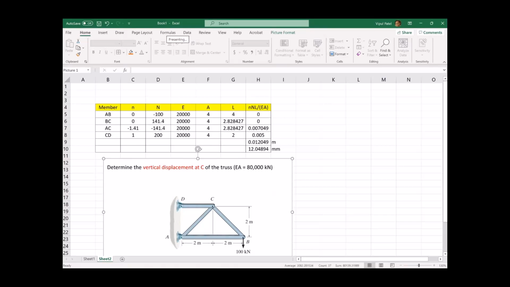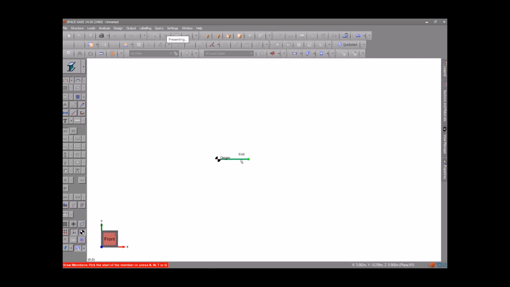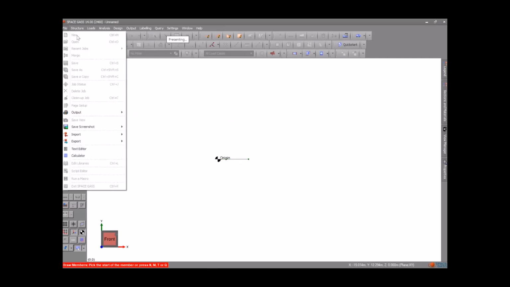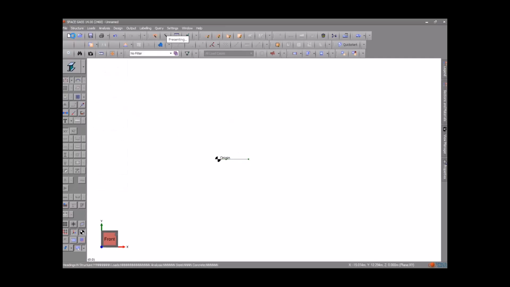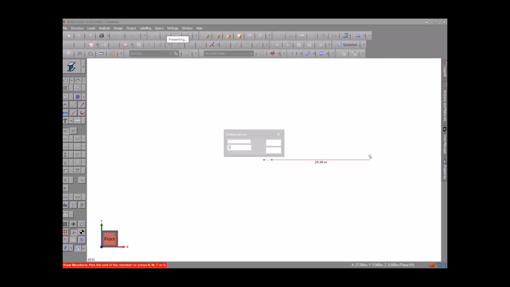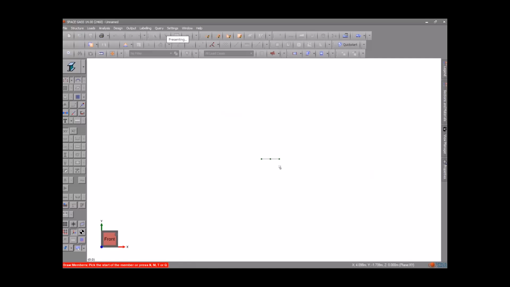I think we just need to make it 2 meters rather than, let's do the new one again. So let's turn this one off. Draw members 0, 2 meters, 2 meters, and let's draw another 2 meters.